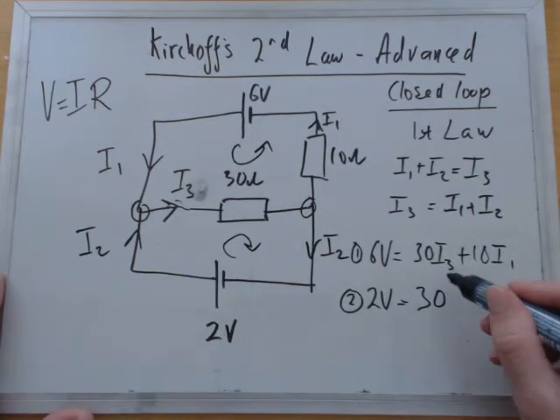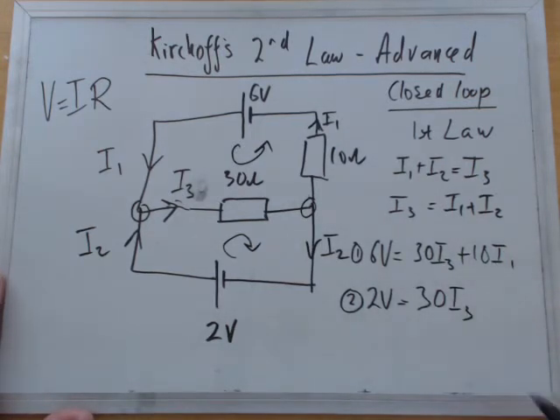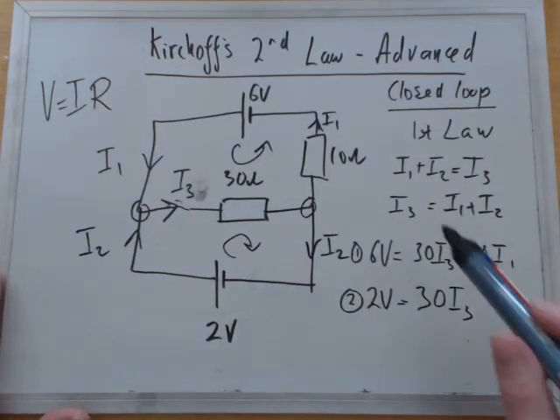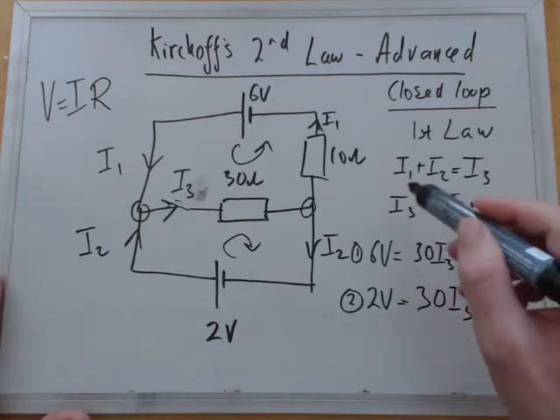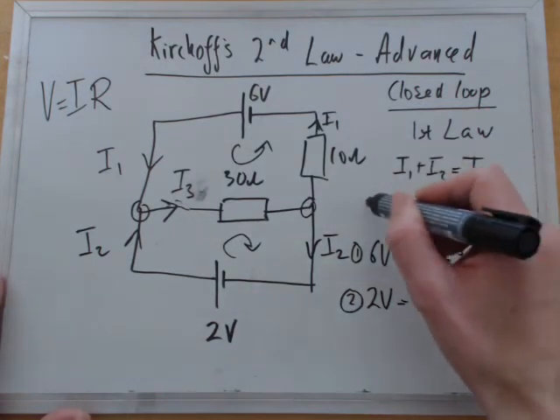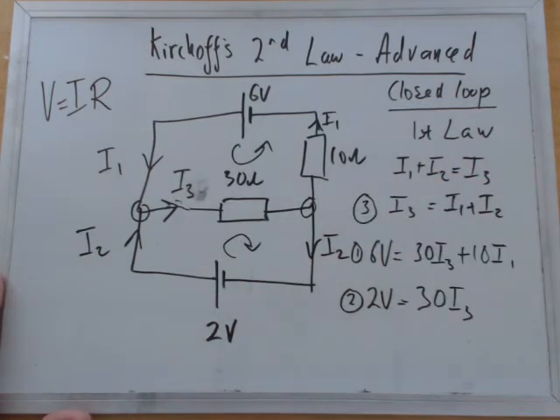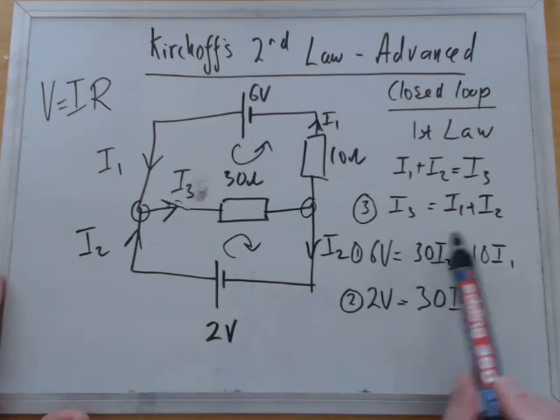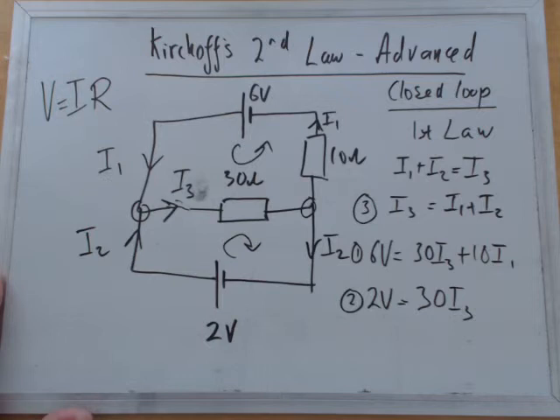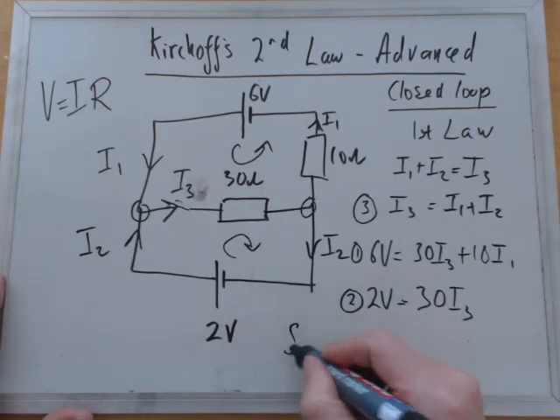Okay, so that's 30 I3. And from there we've created 2 equations, but also we could combine that with maybe this equation here. So we've got 3 equations and 3 unknowns, so they can be solved simultaneously.